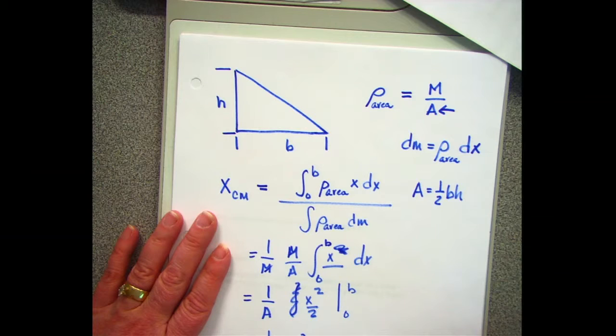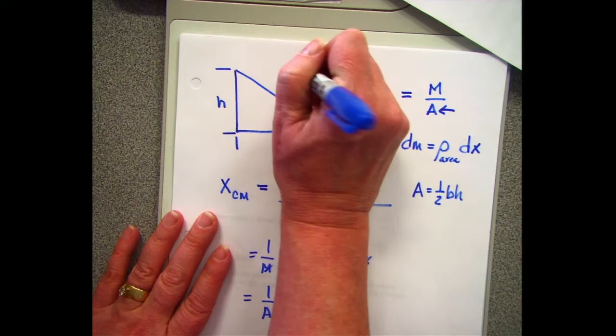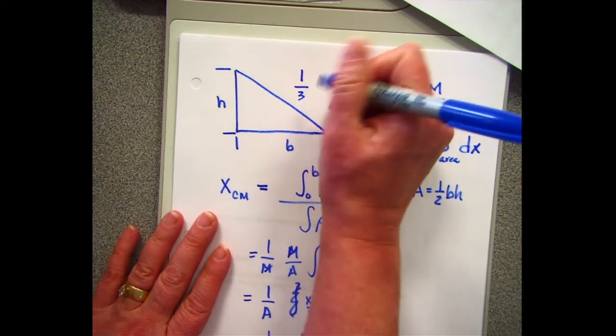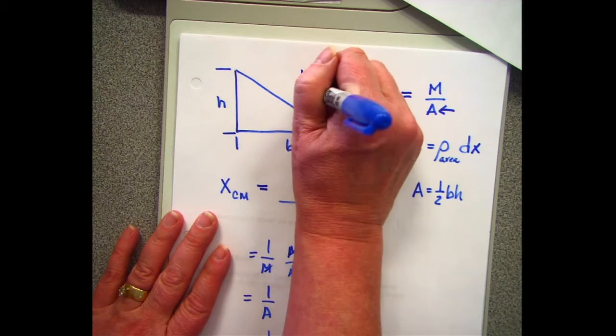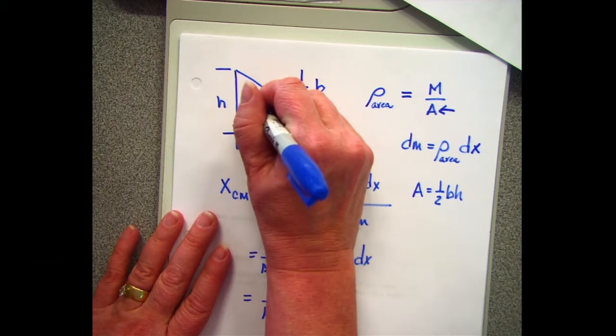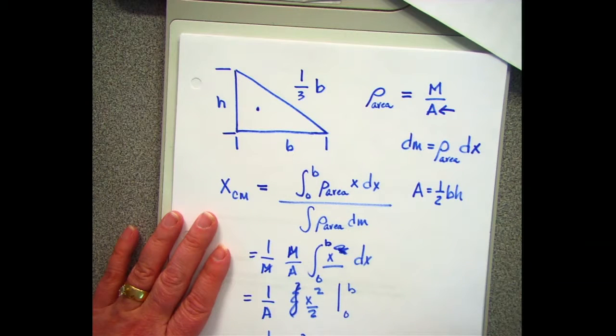That's still not coming out right, because this should end up as 1/3 b, because we know it's going to end up right there. I've set this up wrong somewhere.